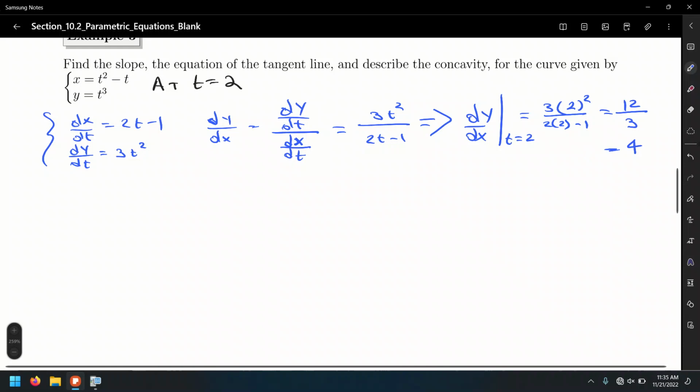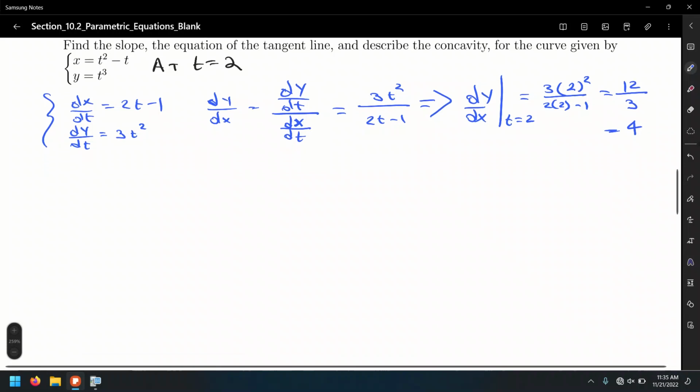Just like last time we discussed a problem in which the parameterization had a square root of t, and in that case we had restrictions in the domain. No restrictions here. So all we have to do is simply evaluate x at 2 and y at 2.